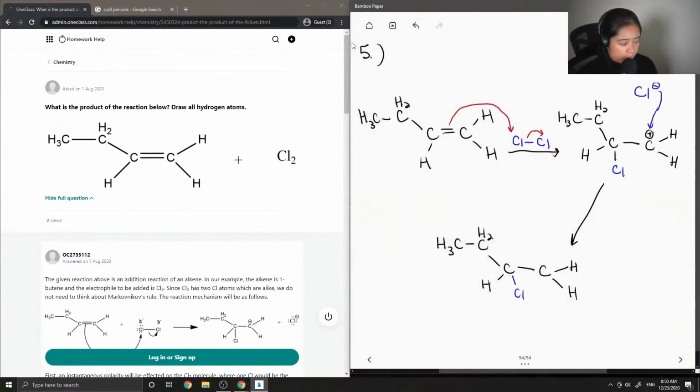So now there are 2 chlorines where the double bond used to be.